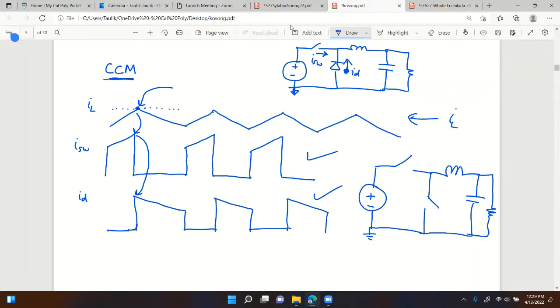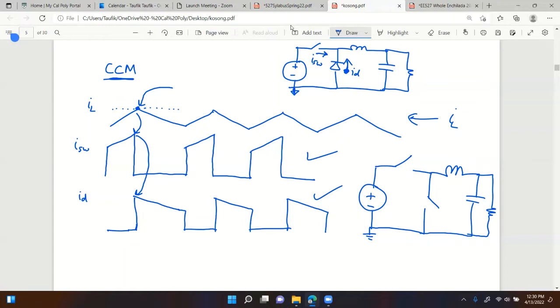Can you think of at least one advantage of why in practice we use either switch current or diode current to sense the same peak current? Anybody? Because they share the peak. Yeah, but why is it more advantageous to use switch current rather than inductor current? The switch or the diode might be referenced to ground.